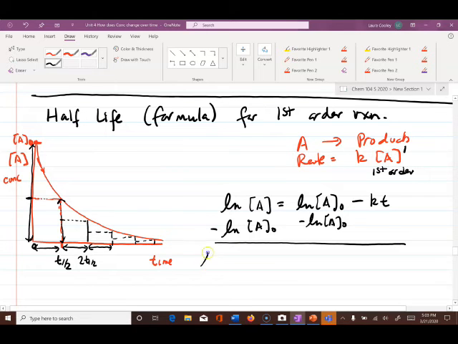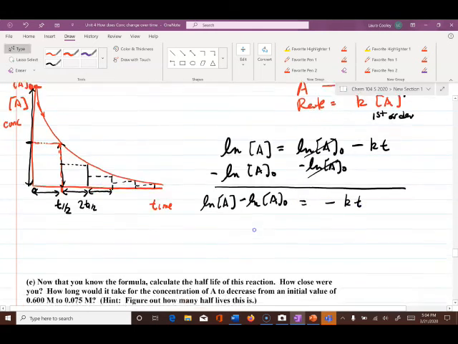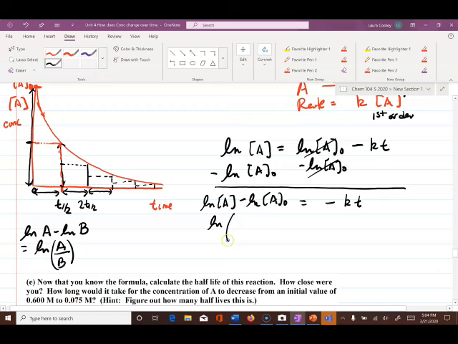So on the left now, I'll have the log of the concentration minus the log of the initial concentration equaling, these are going to cancel, minus kt. Then I'll use the rule of logs: the log of A minus the log of B is the log of A over B. So this becomes the log of A over A0 is minus kt.